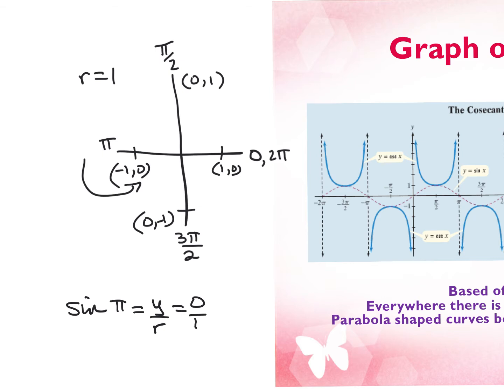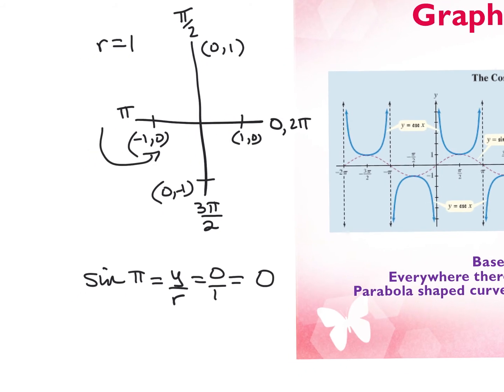So 0 over 1. And again, we could have just looked at the y, and sine of pi is 0. But if you do the reciprocal, which is cosecant of pi, and we flip it to r over y, we would now get 1 over 0, which is undefined.